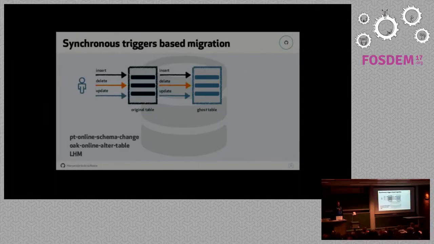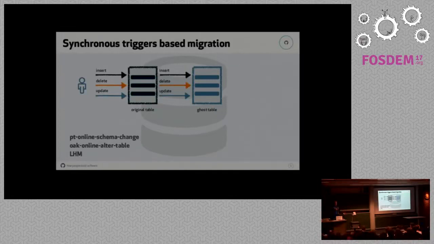So this basically is a PT online schema change. You're creating a new table, you're altering the new table, and then to get all the data changes applied to your new table, you put 3 triggers in place. A trigger for the inserts, for the deletes, and for the updates.